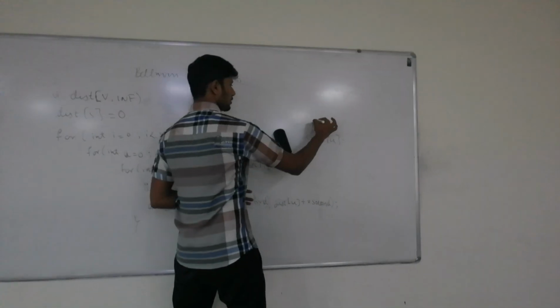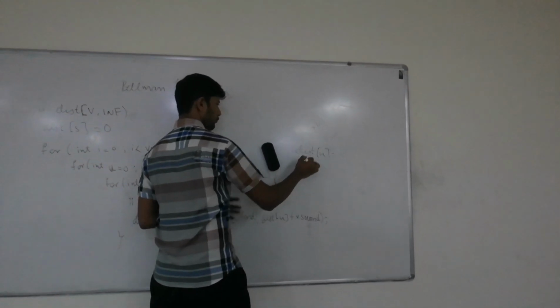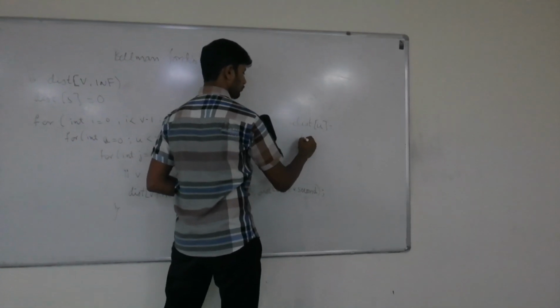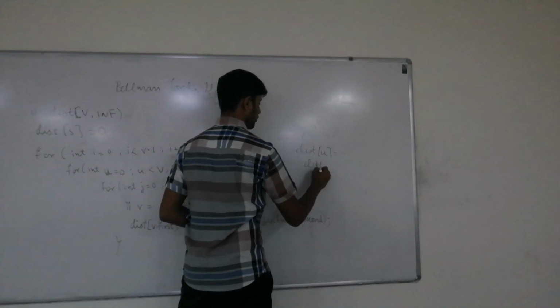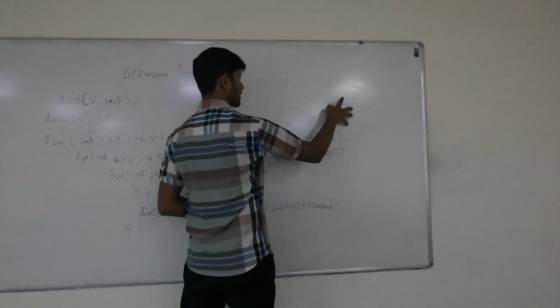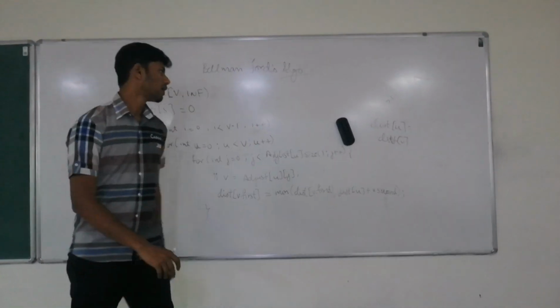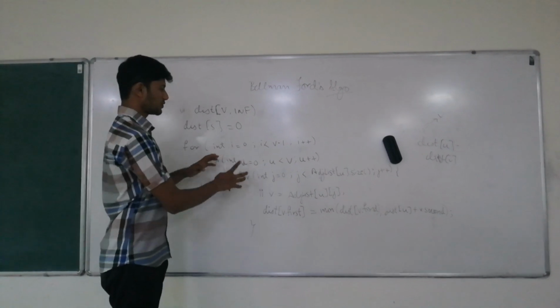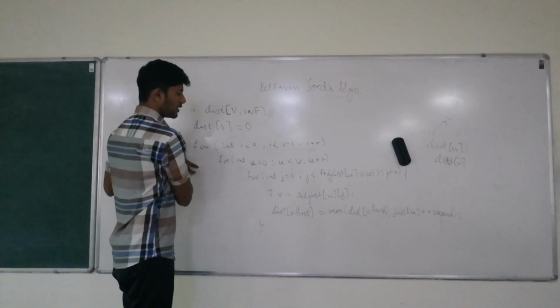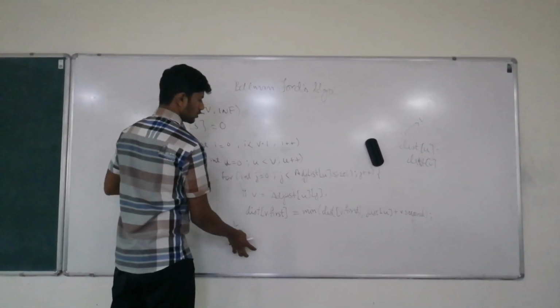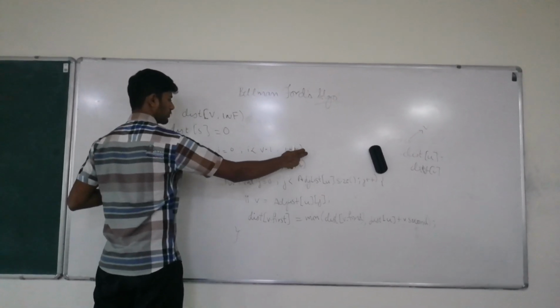Again, if there is an edge from u to v and we relax this edge, the distance of v will have the correct value. We extend this to all vertices, so we do this v times. And as we said, the main idea is to do this v minus 1 times. Here is a relaxation for all the vertices, and here v minus 1 times.